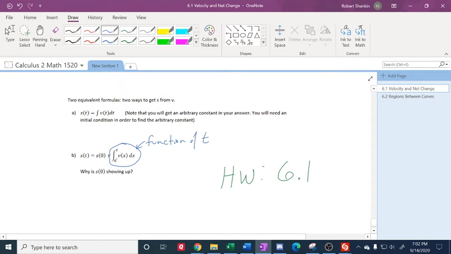And to actually get that integral, you need an antiderivative. What's an antiderivative of v of x? Well, it's s of x. And then where do you evaluate it? From x equals 0 to x equals t.